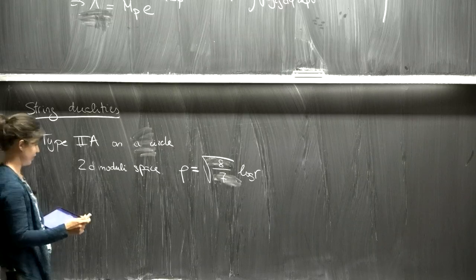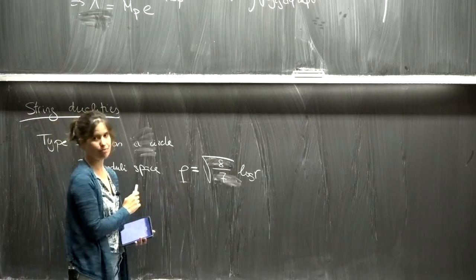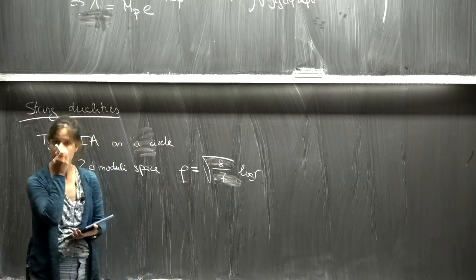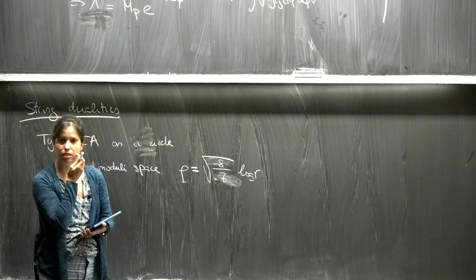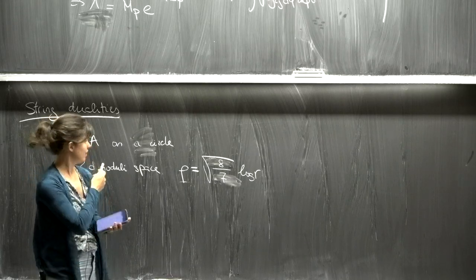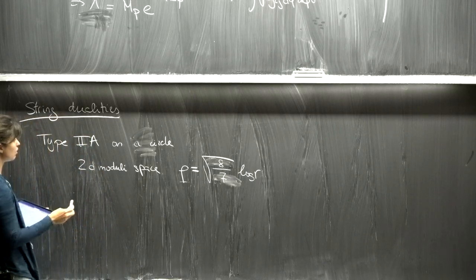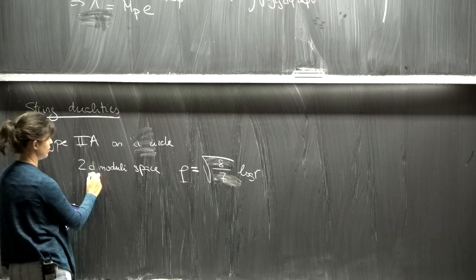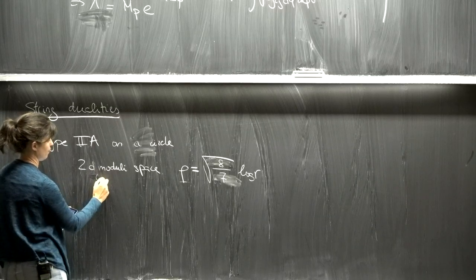So this is the canonically normalized scalar. Okay? Yes? Wouldn't you also have to think about the Wilson line that comes from reducing the one-form field? Yes, sorry, I should say, these are the non-compact scalars.